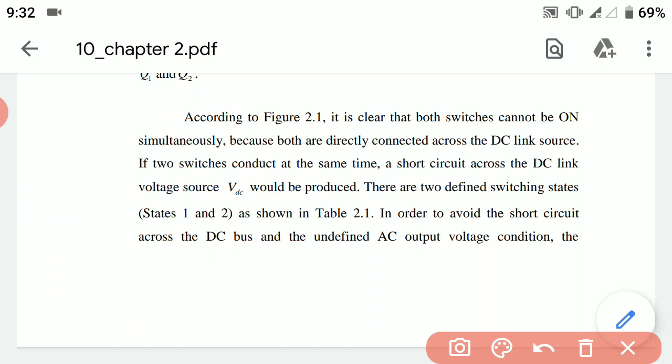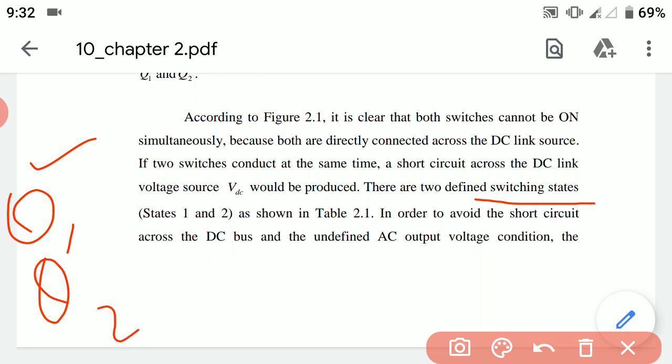So we are using these two switches at their own time intervals, in their own states. We will discuss the operation of this circuit based upon two states, state 1 and state 2.